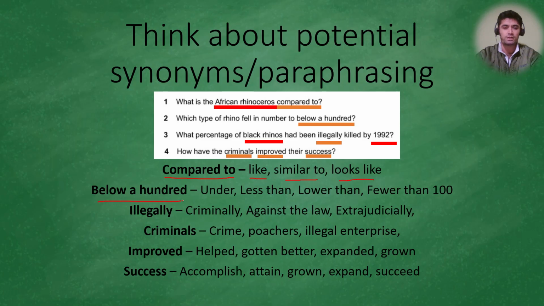In the second question, below 100 could be replaced by under 100, less than 100, or fewer than 100. Instead of illegally, we can use criminally, against the law, extrajudicially. The rest of the words you can check by yourself. Remember, knowing more synonyms, and being good at dealing with paraphrases, makes the reading very easy for you.